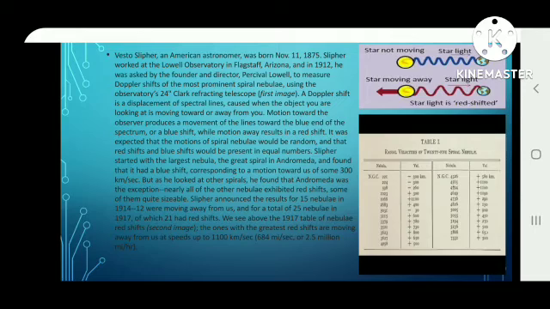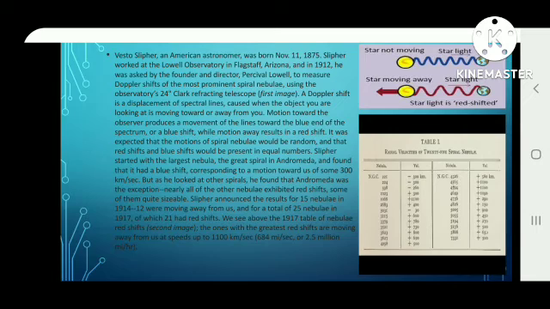So Slipher announced the result of 15 nebulae in 1914, which in 1912 were moving away from us. And for a total of 25 nebulae in 1917, 21 had red shifts. So we see in our table of 1917 nebulae that they are being red shifted.